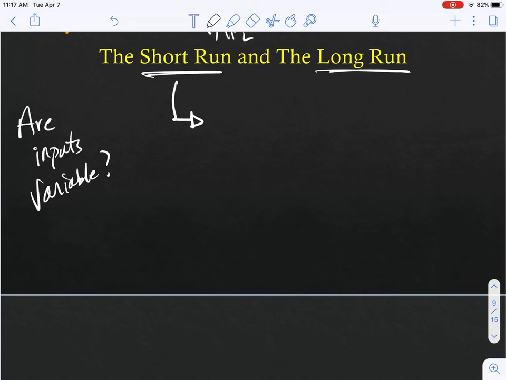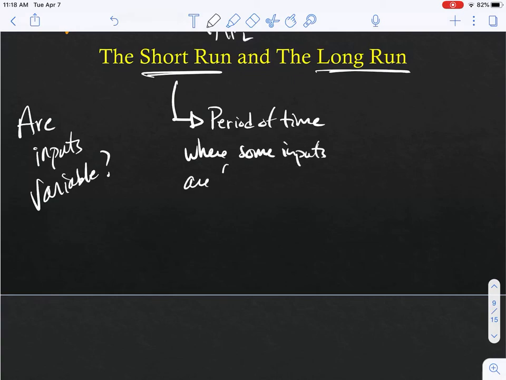So the short run, by definition, is the period of time where some inputs are fixed.